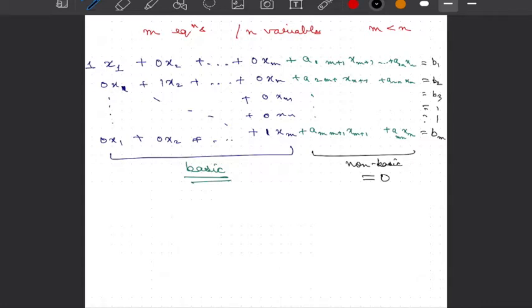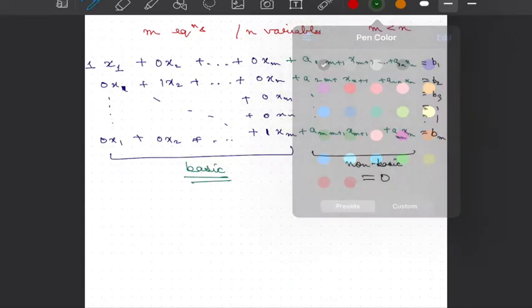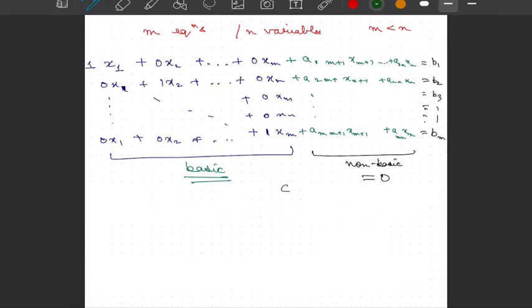So we can write our objective function as cm+1 xm+1 plus cm+2 xm+2 all the way till cn xn, because all these variables would be part of our objective function, and its value is equal to f. So if we bring our f here, it becomes minus f and this becomes 0.